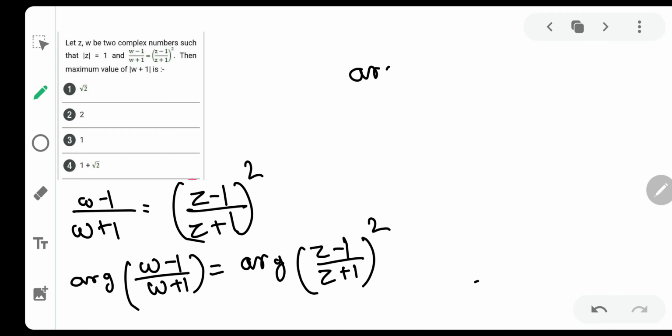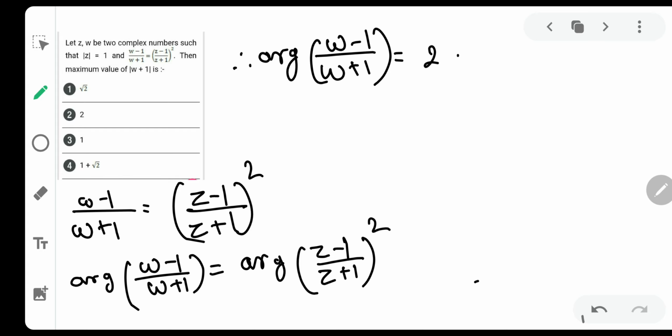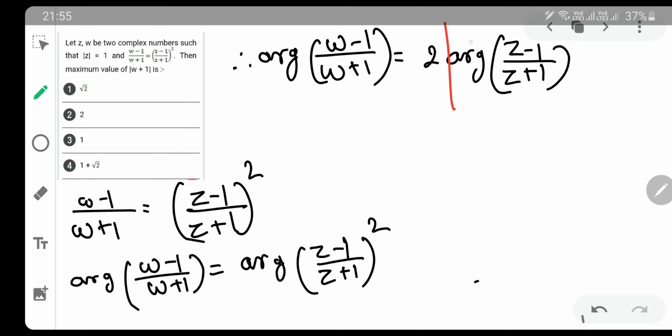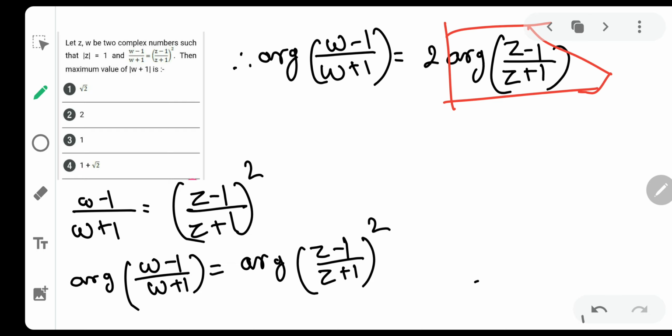As we all know, argument of z square is nothing but 2 times argument of z. This is what our formula is. So I can apply this formula to the RHS. Therefore, arg((omega − 1)/(omega + 1)) is equal to 2 times arg((z − 1)/(z + 1)). Now let us concentrate on arg((z − 1)/(z + 1)).